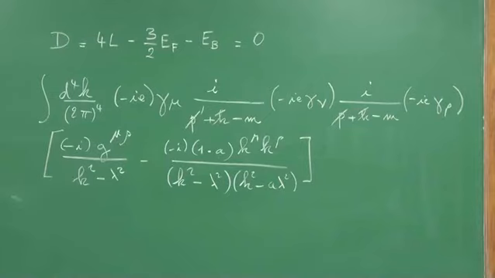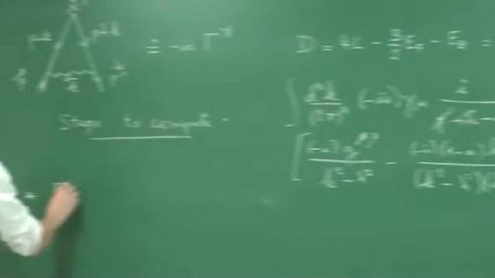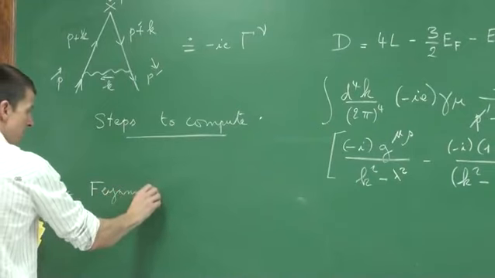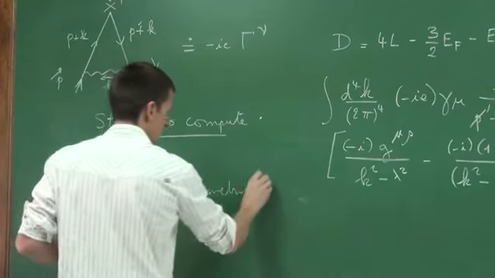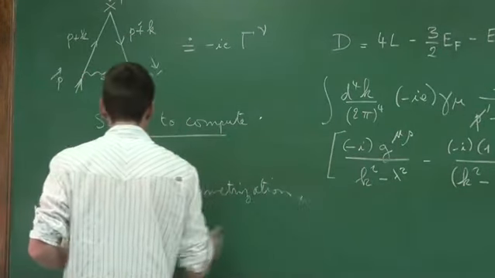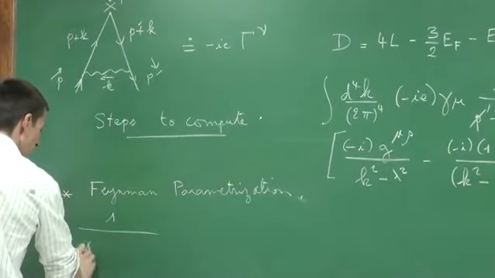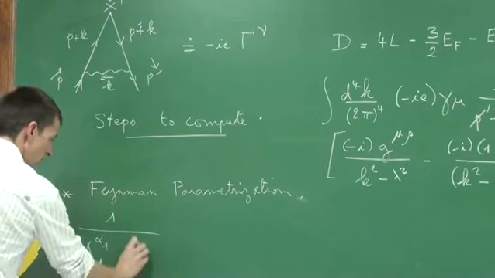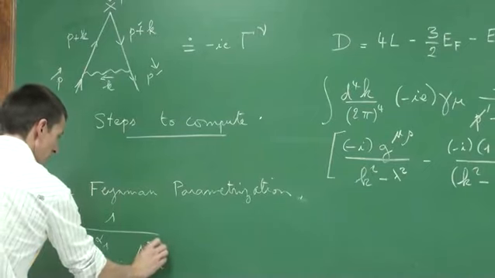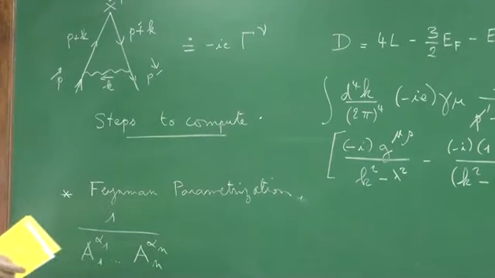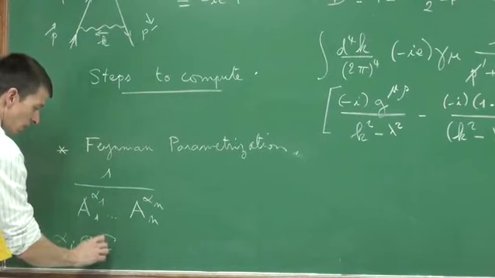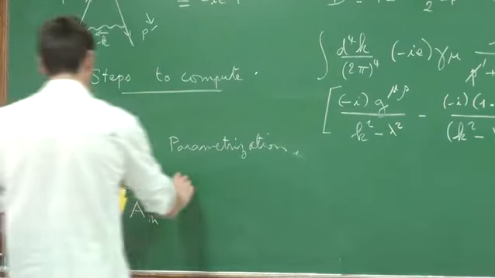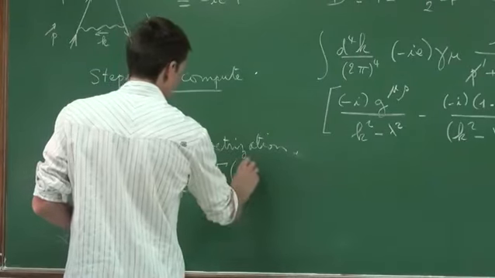So the first thing to do to compute this kind of integrals is the Feynman parameterization, which is given by the following formula. Okay, 1 over A1 to the alpha 1, up to An to the alpha n, where the alpha i are complex numbers, is given by this formula.